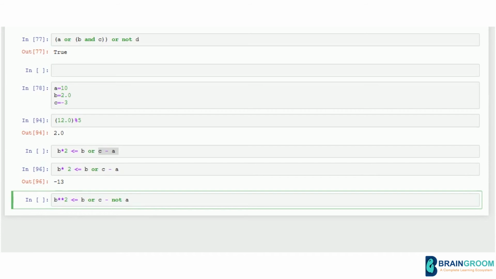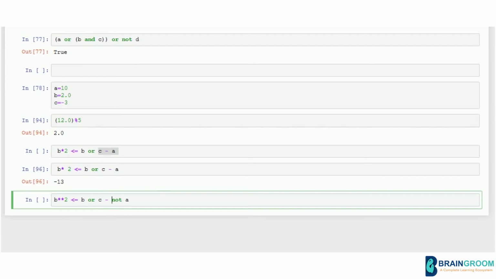Again, here we don't have any brackets, so you just need to directly see the precedences. You have exponent, that is double star. Then you have comparison, logical, you have another arithmetic, and then another logical, right?